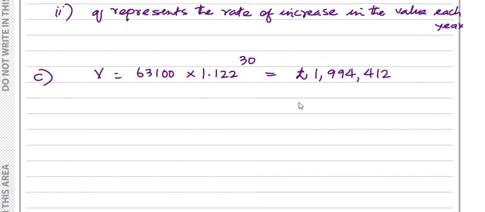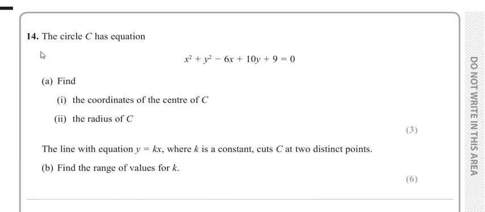But the question says round it to the nearest 100,000 pounds. So if you round it to the nearest 100,000 pounds, you get 2 million. Cool, that's it.